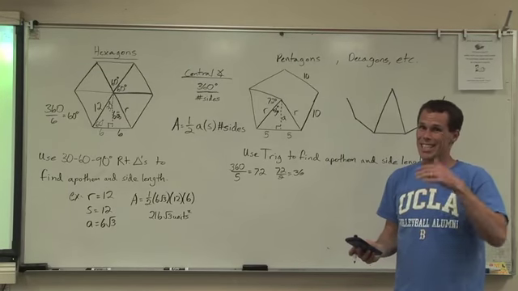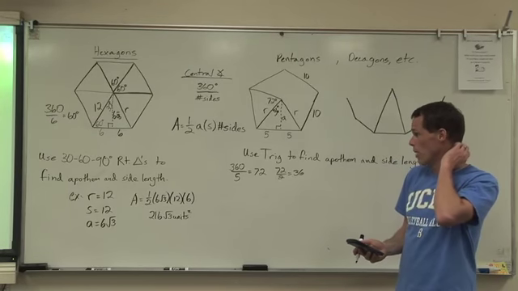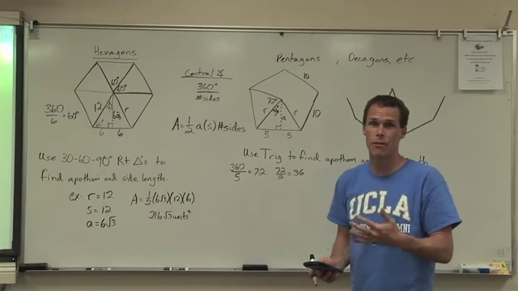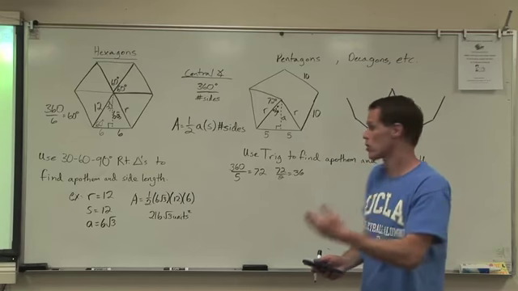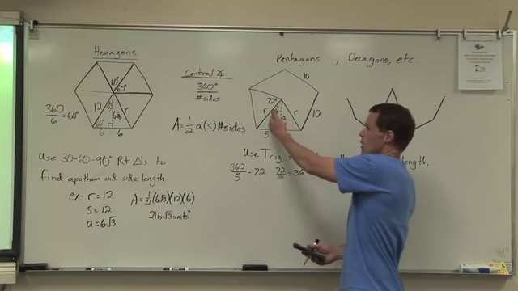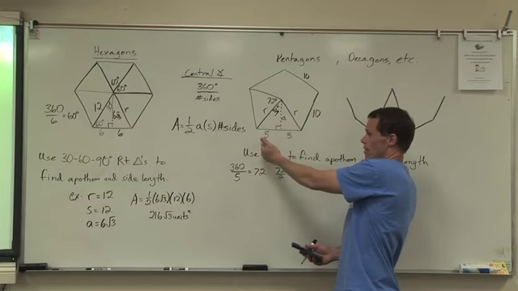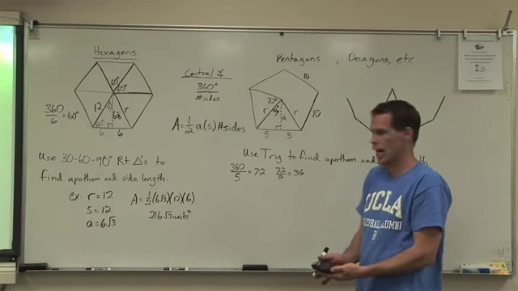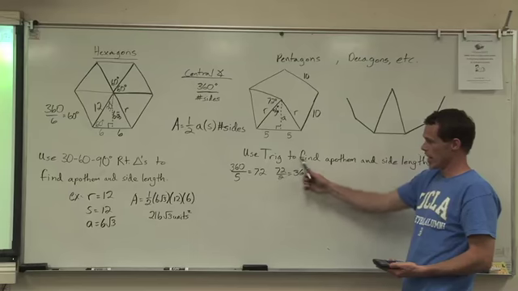Now, this is not a special right triangle, but we have the information we need in order to solve for the apothem. We have a 36 degree angle, we have an opposite side of 5, and the apothem is the adjacent side. We can use trig.